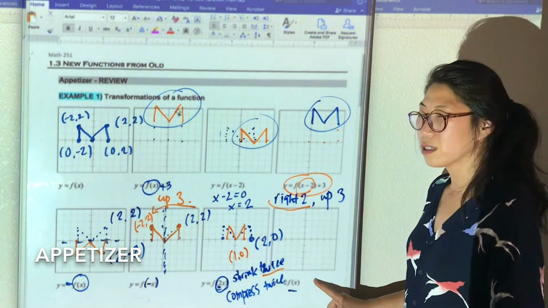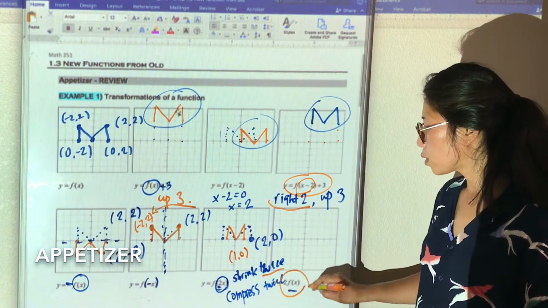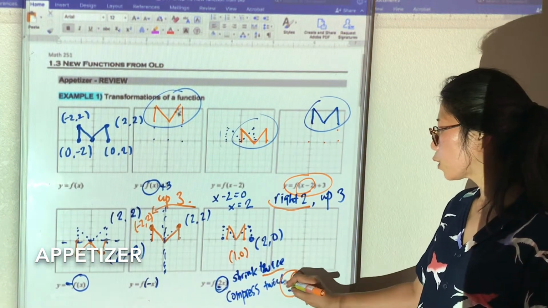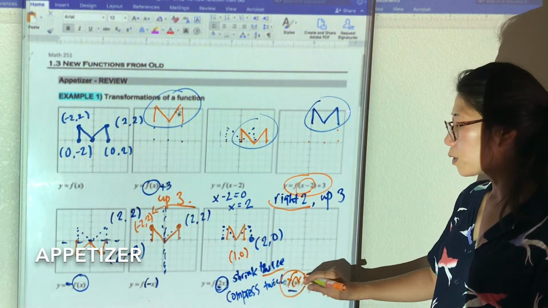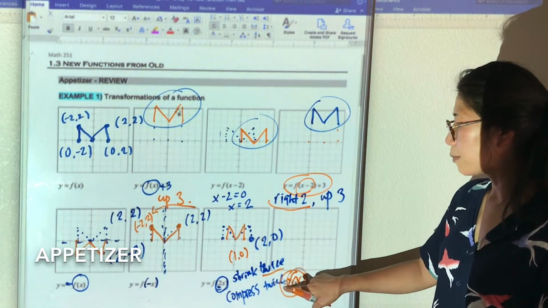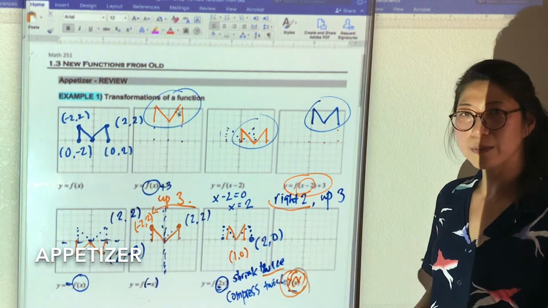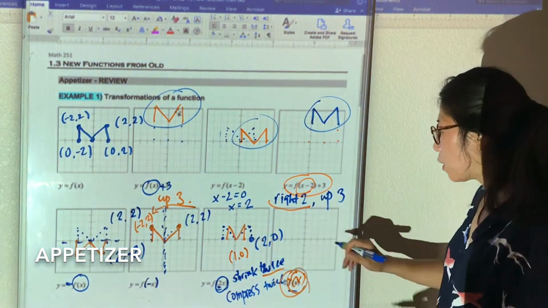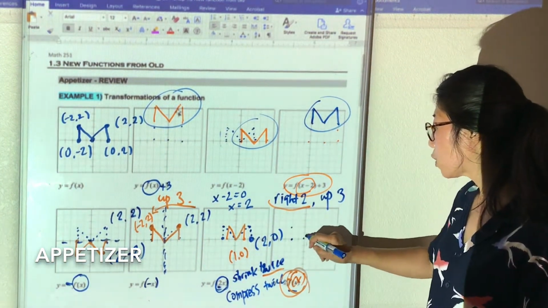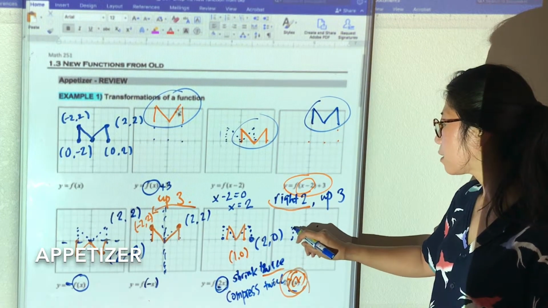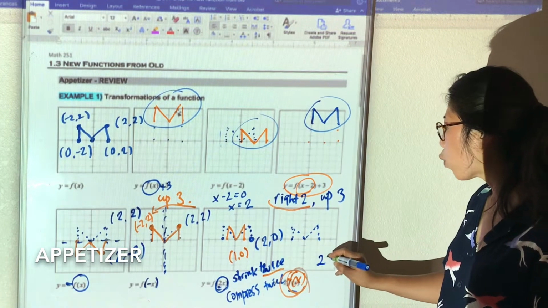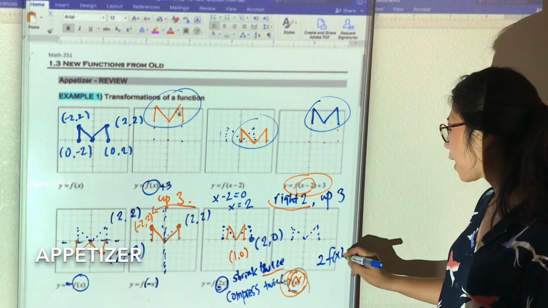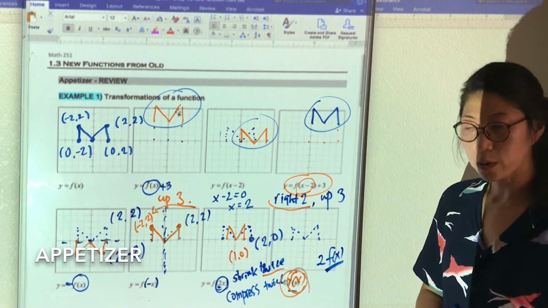Then this one is a little bit tricky here. So when you see 2 times f of x, I know that this one is the y value and I'm going to multiply it by 2. So just think about it logically again. I have my original function with 5 coordinates. Then what's going to happen if I multiply by 2 the f of x, which represents the y coordinate?